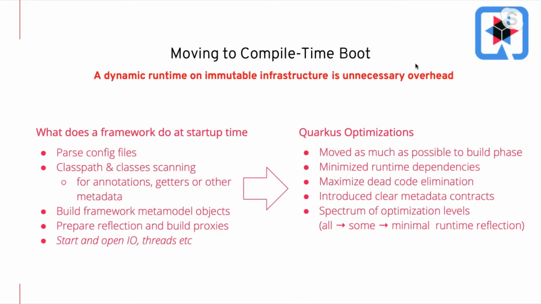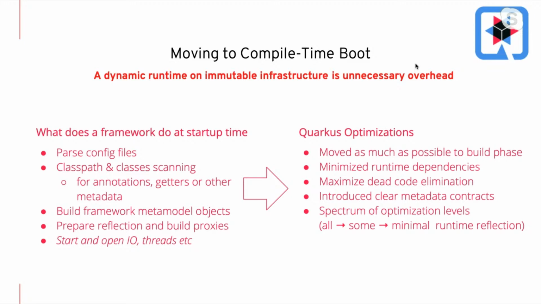Now, what does a regular framework do on startup? It goes through a bunch of things: reflection, IO threads, annotations, getters and setters. Quarkus optimizes that by looking at all of that and taking it on at build time. So you now have a bigger build phase and a shorter startup phase. I think that's the change you would see when you start to run with Quarkus.